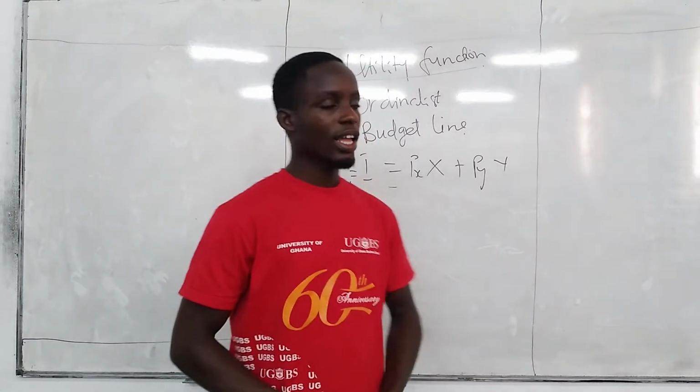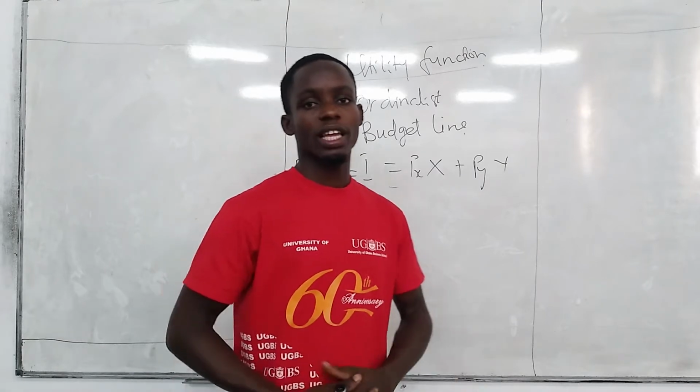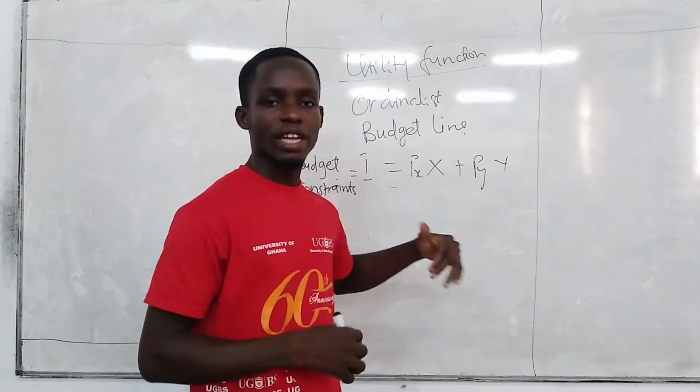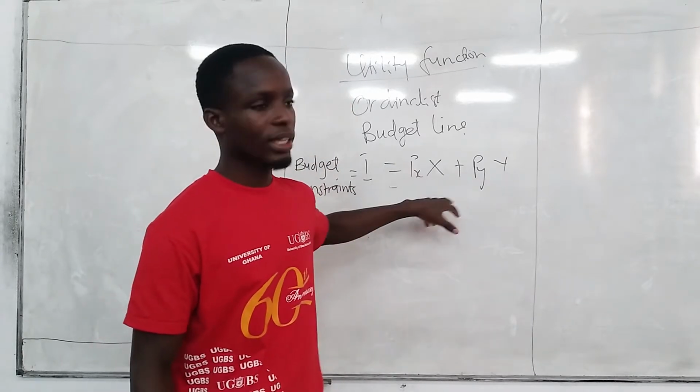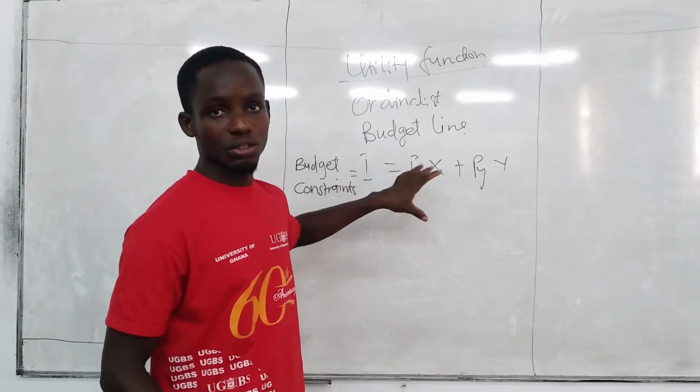Now, in a question where you are asked to state your budget constraint, you state it based on the commodities. Here, what are the commodities? We have commodity X and Y, and that is why we have this as our budget constraint.